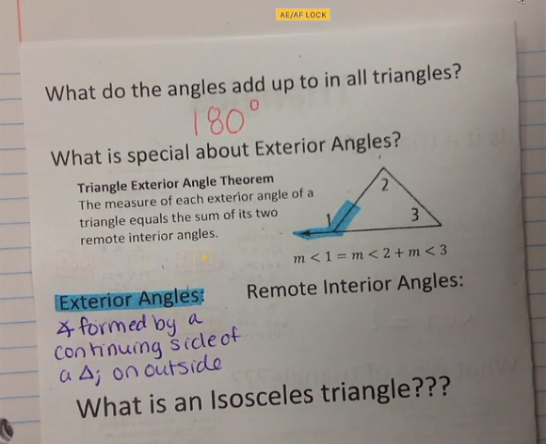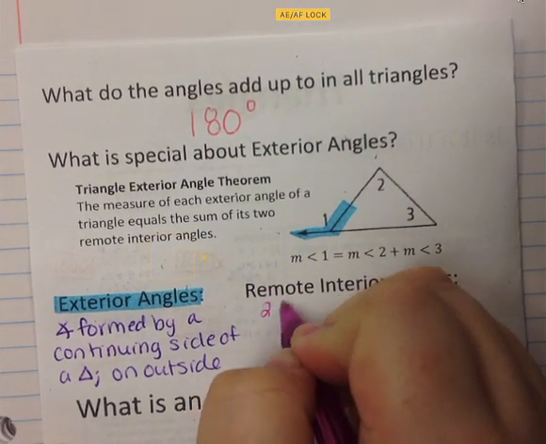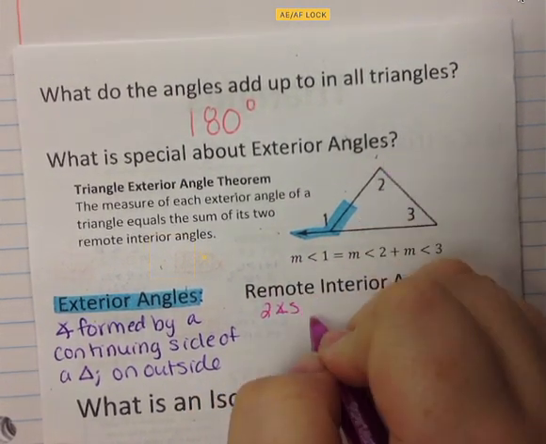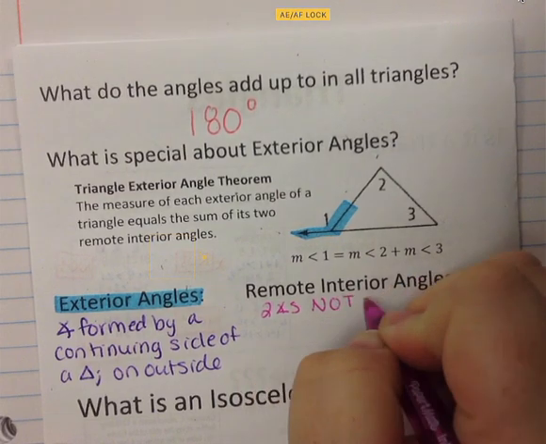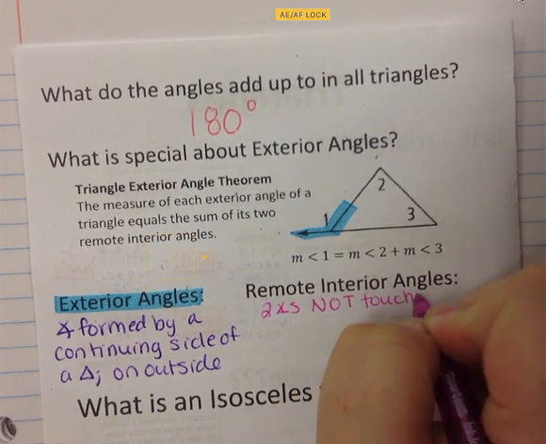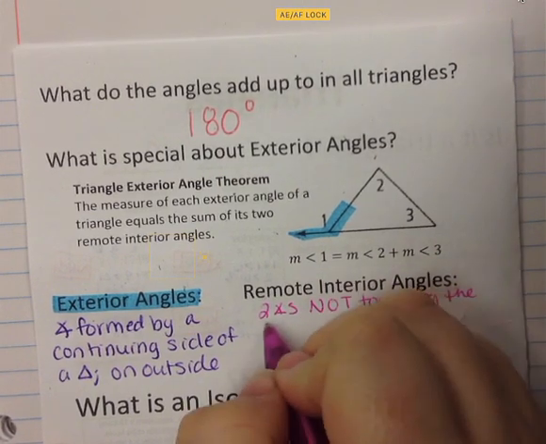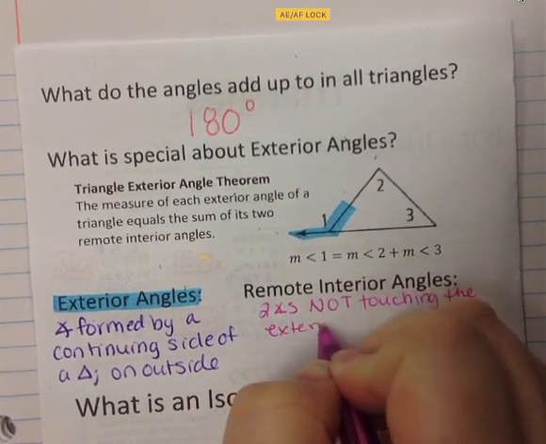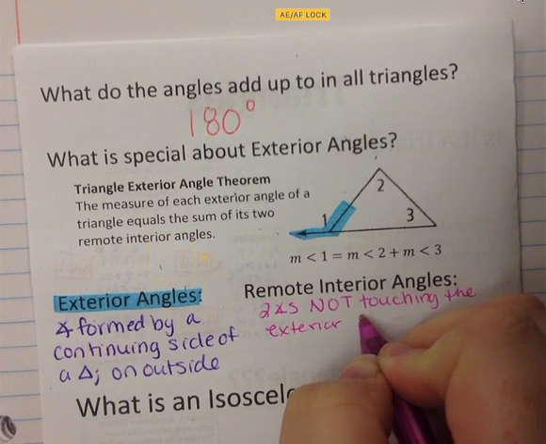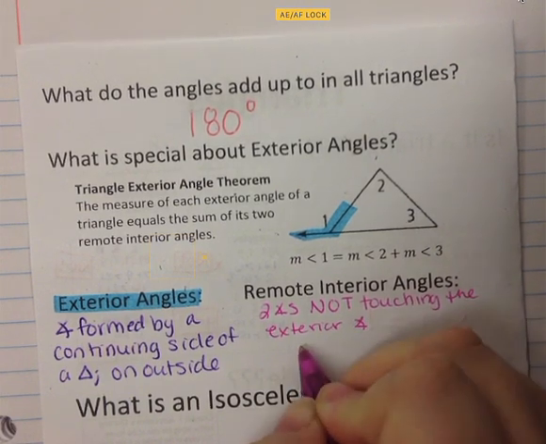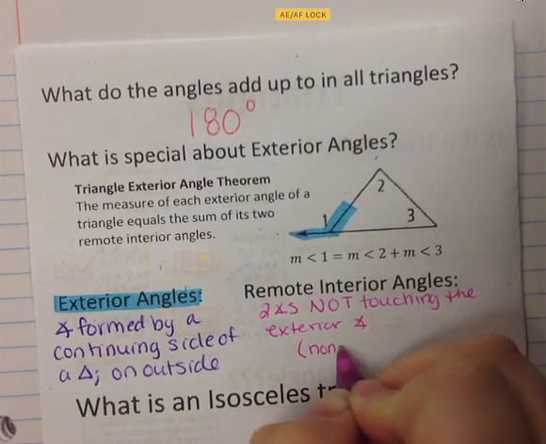Now let's define what remote interior angles are. Remote interior angles are the two angles that are not touching the exterior angle. If it's not touching, it's called non-adjacent.